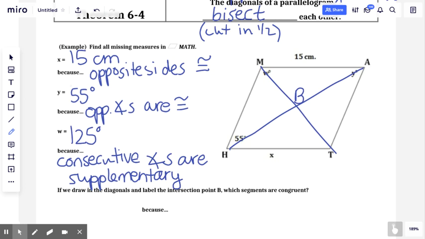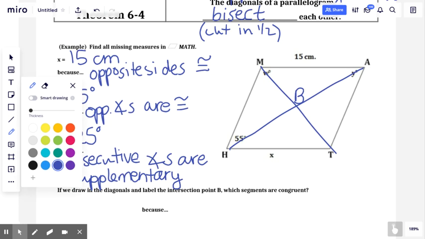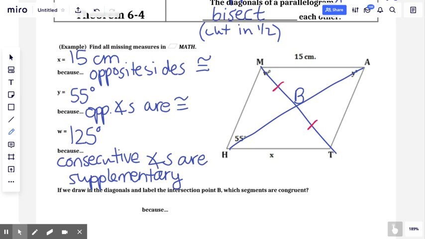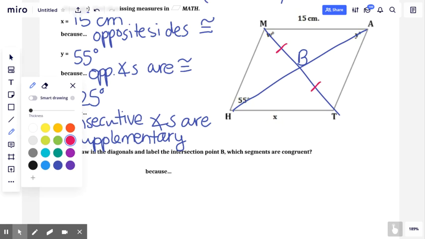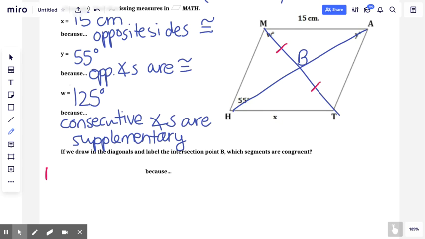So the question's asking which segments are congruent. So remember we talked about how the diagonals bisect each other. So they cut each other in half. So what that means is that this segment MB would be congruent to this segment BT. So that's one thing we can say: MB is congruent to BT.